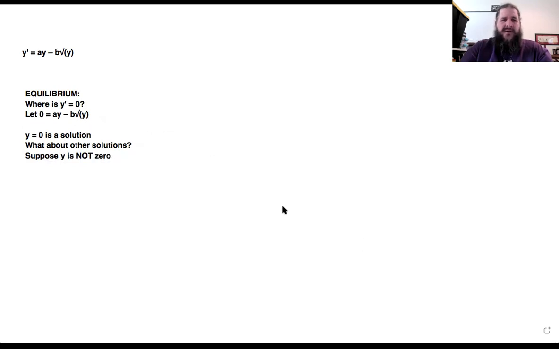Yeah, that's another way you could do it. You could try factoring out square root of y. If you factor out square root of y, you get square root of y times, and what's left there? If you factor out a square root of y, what does this become?